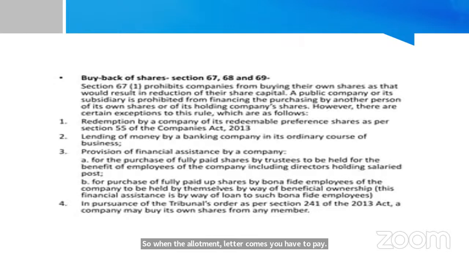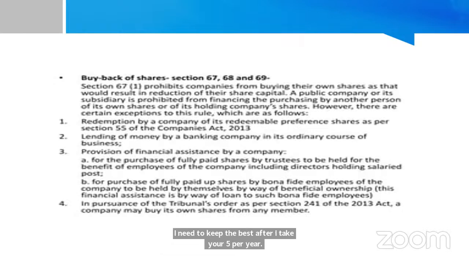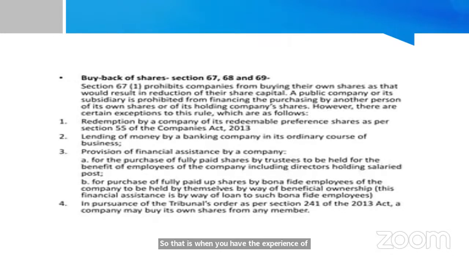Allotment हो जाने के बाद you become officially the shareholders of the company. अभी तक कितना पैसा आपने pay किया? 5 rupees pay किया, और 5 rupees बाकी है जो कि वो लोग call में मांगते हैं. ठीक है? So that is when you have the experience of purchasing shares in the initial public offer. At that time, you will come to know about all these things.